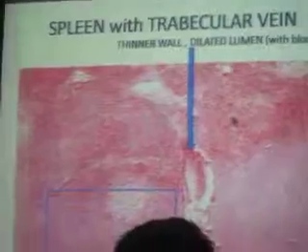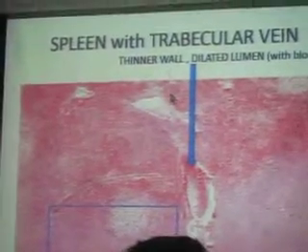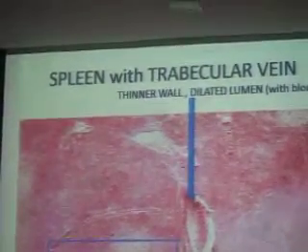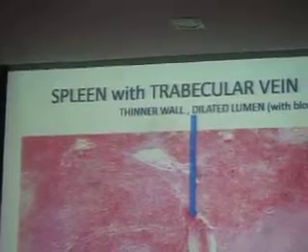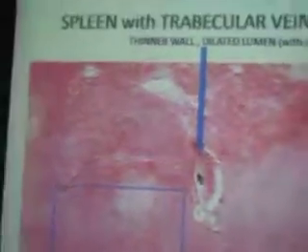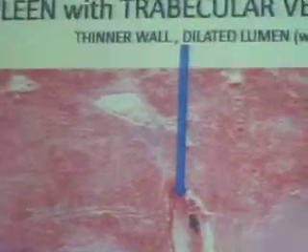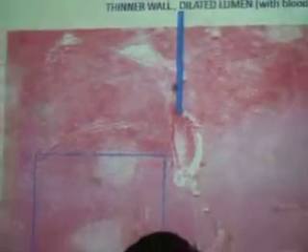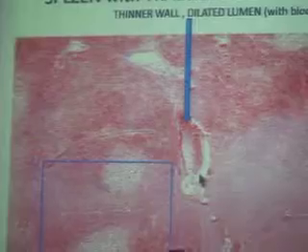From the capsule, there will be extension of the capsule into the deeper part of the spleen by means of the trabeculae. If you find a big vein along the trabecula, you call that your trabecular vein. It's thin-walled, and ordinarily it will contain blood, red blood cells.